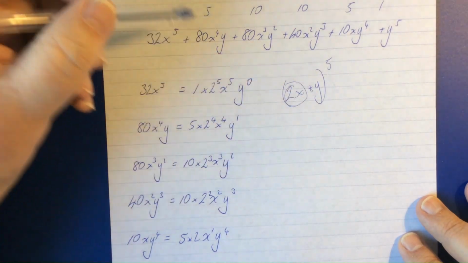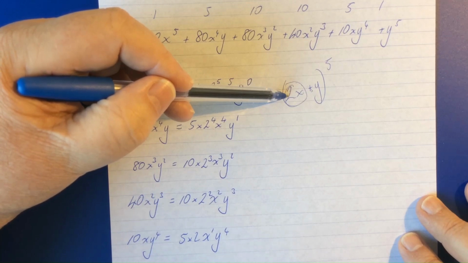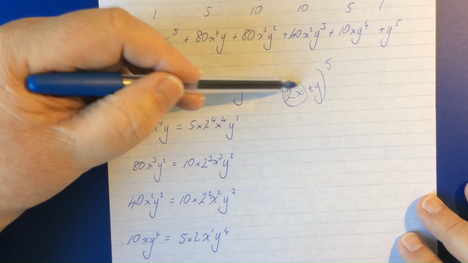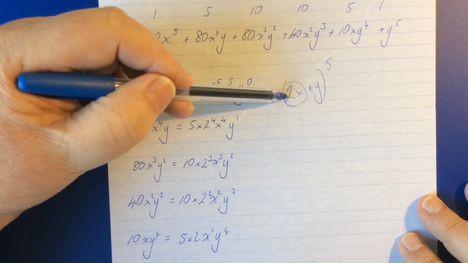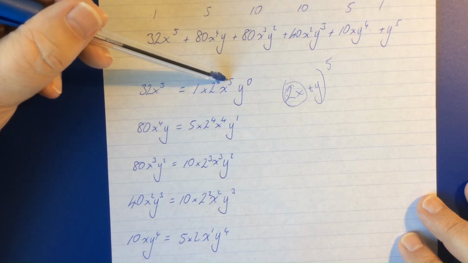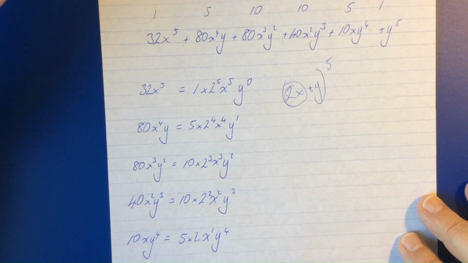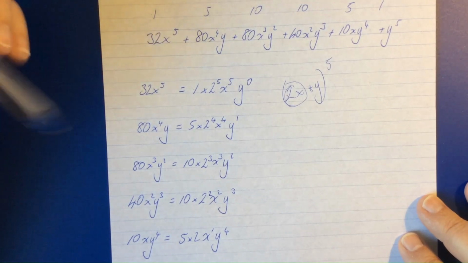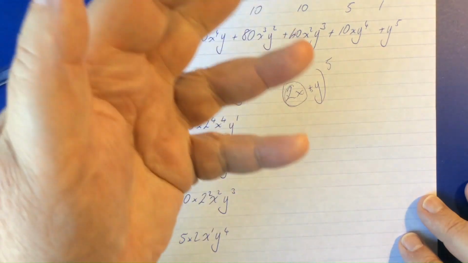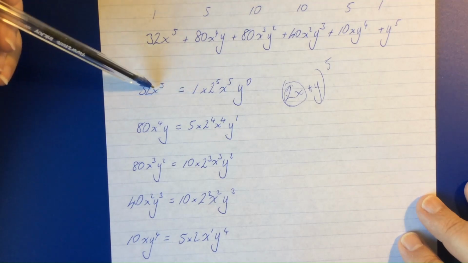This is the expression, as you see in binomial theorem. This is A. All of this is A. You can't ignore this number. So 1 times 2 to the 5th x to the 5th, y to the 0, which gives us 32. 2 to the 5 is 32. You can do it on your fingers: 2, 4, 8, 16, 32. That gives us this expression.